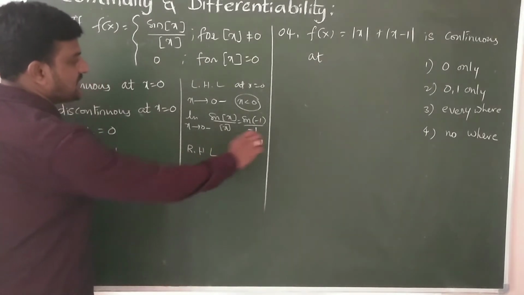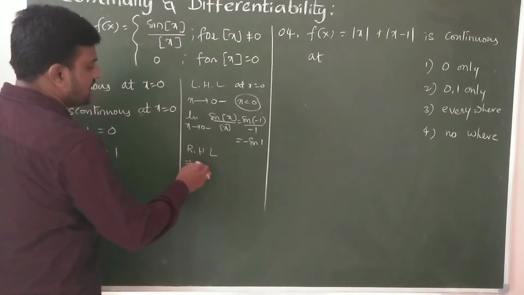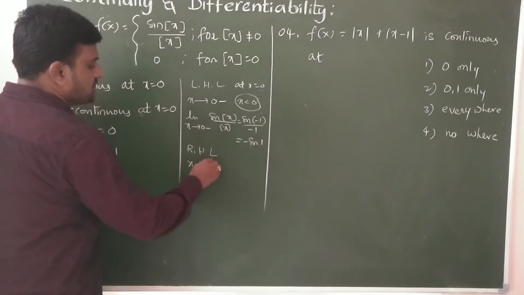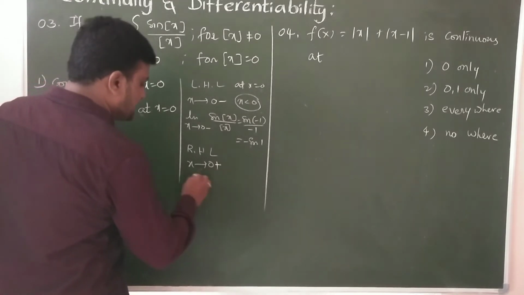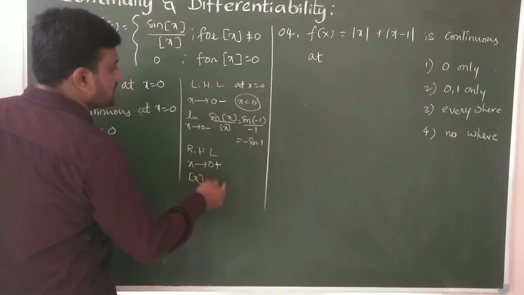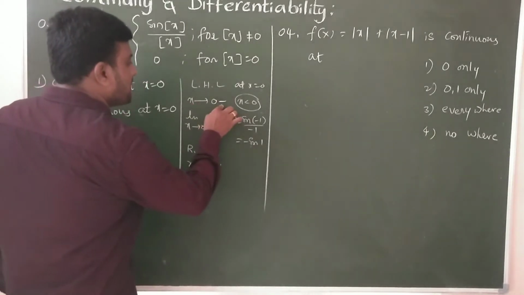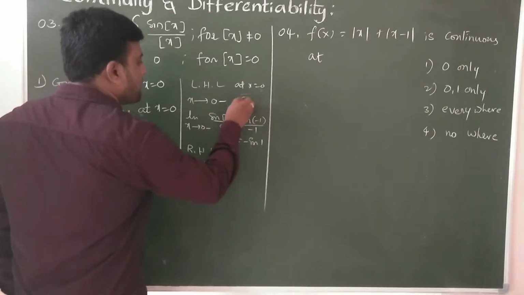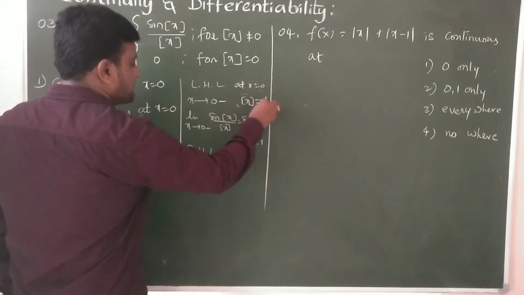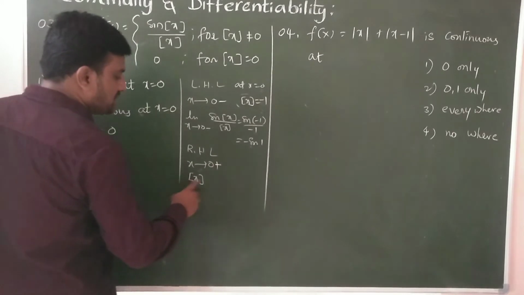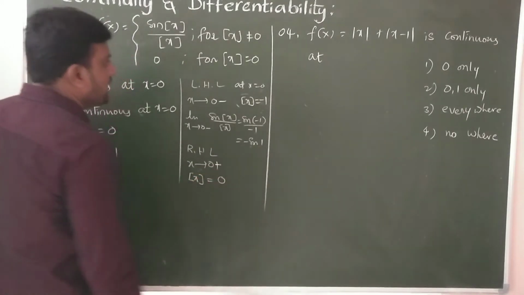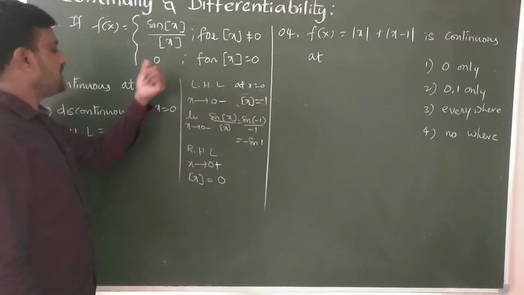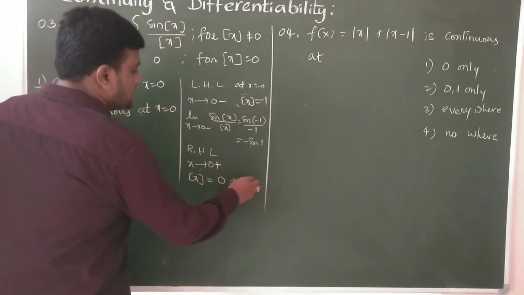Here the RHL is where x tends to 0 plus. When x tends to 0 plus, step of x equals 0, and for step of x equals 0 the function is 0.